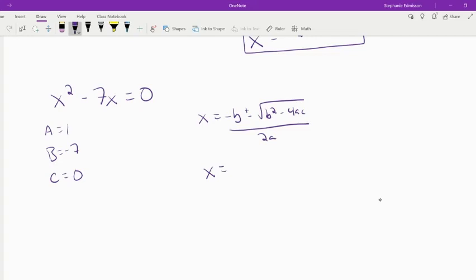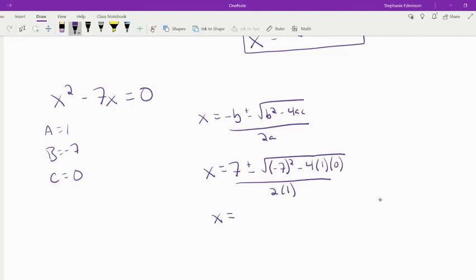Remember another way to think of it, x equals opposite b. So that would be positive 7 plus or minus square root of b squared, don't forget to put it in a parenthesis, minus 4 times a times c. I always do this. I make my square root a little too short. All over 2a.